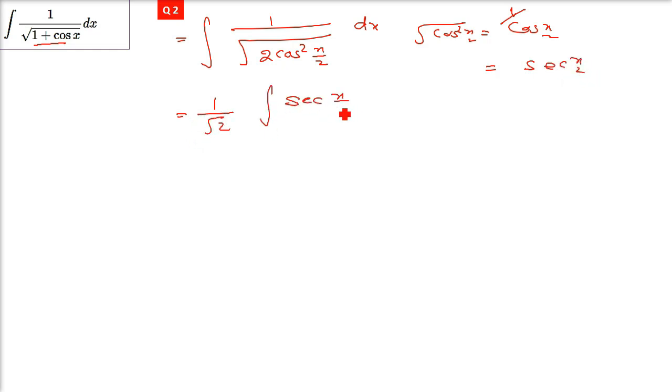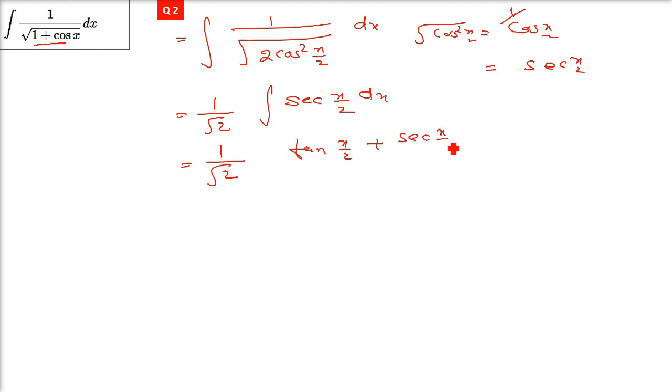Integration of sec x by 2 dx. There is a standard result which we already talked about in our earlier discussions, so we are going to use the direct result of the integral here. So this is 1 by root 2, and please remember one more thing here. I'll just tell you in a while. First, the integral of sec x by 2 is simply tan x by 2 plus sec x by 2, because it's a standard result.